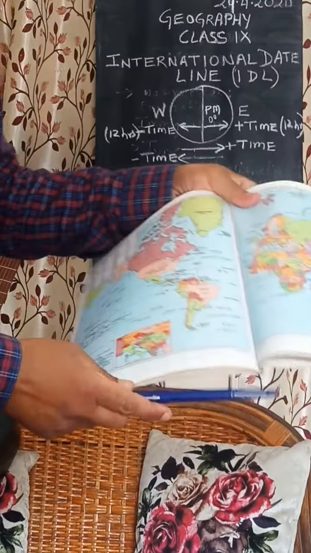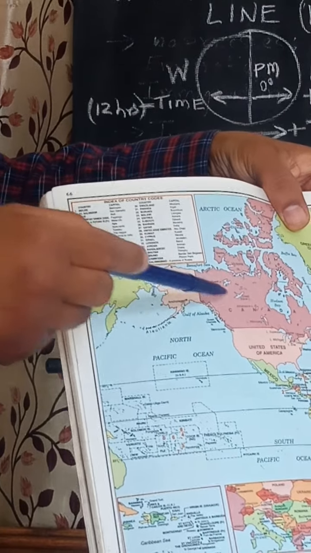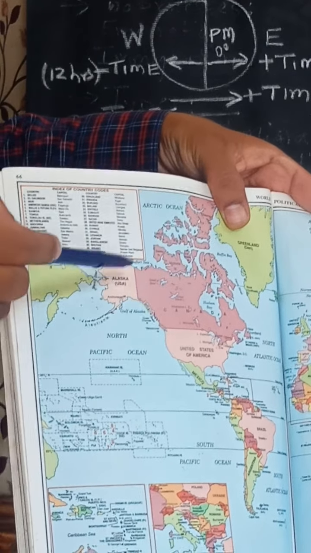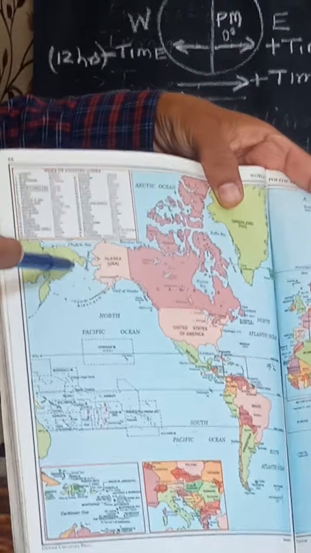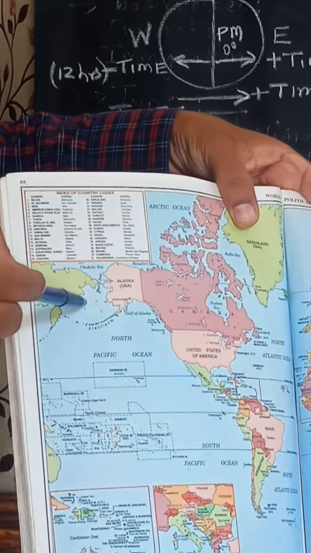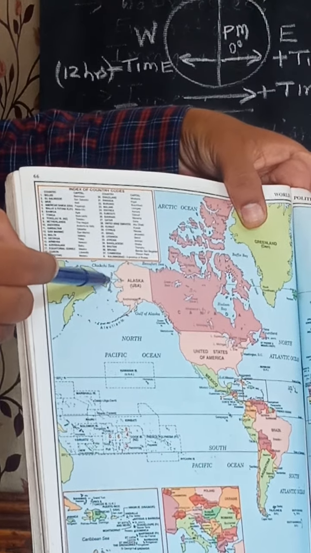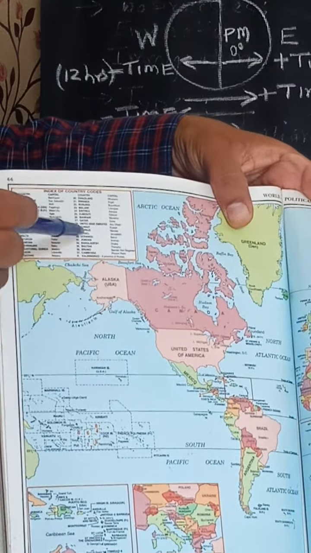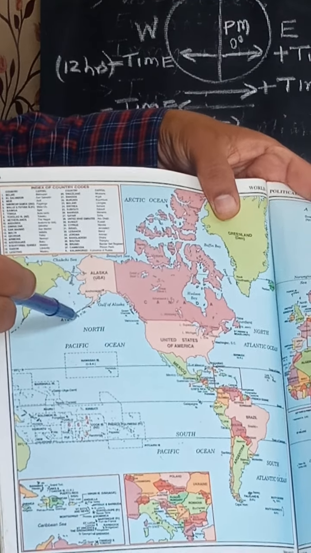Here is the anti-meridian's position. We have North America here, Alaska, and this is Asia. This is the Asian side of the continent. So there is a small gap here. This is called the Bering Strait. So this international date line runs from the North Pole through it, through the Pacific Ocean.